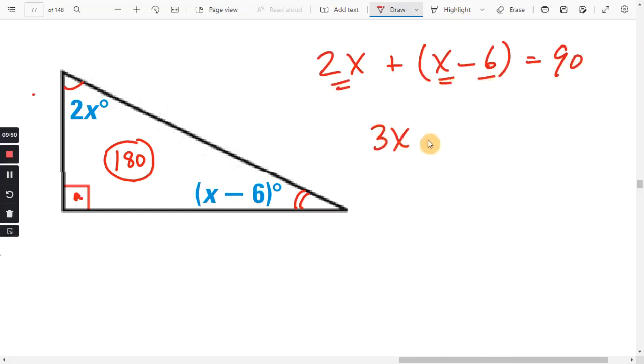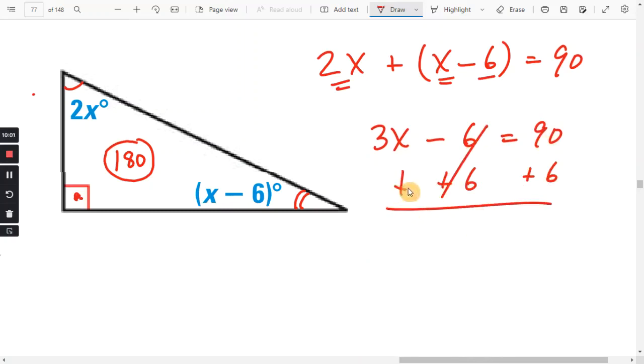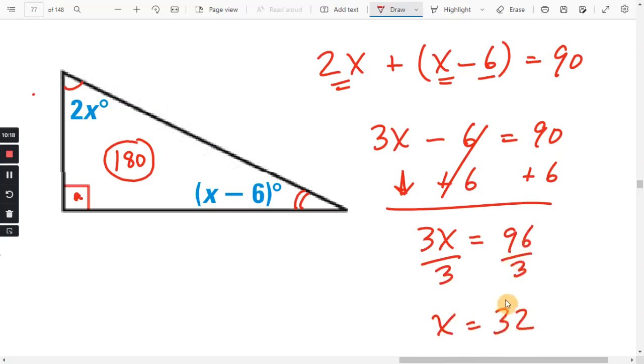And that's minus 6 equals 90. Okay, add 6 to both. 6's are gone. Bring down your 3x. 90 plus 6 is 96. And divide both sides by 3. 3 into 9 goes 3 times. 3 into 6 goes 2 times.